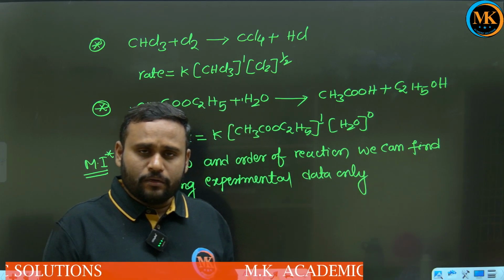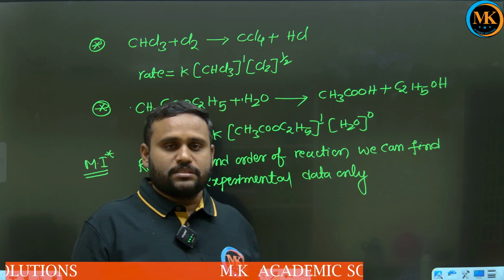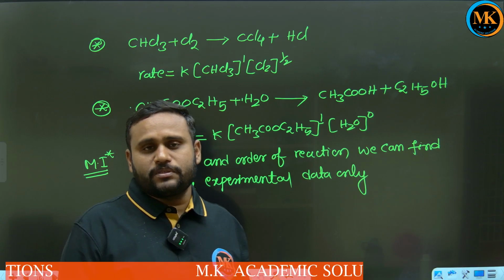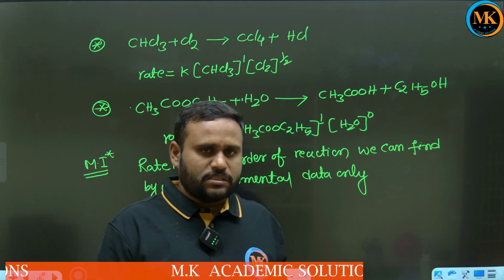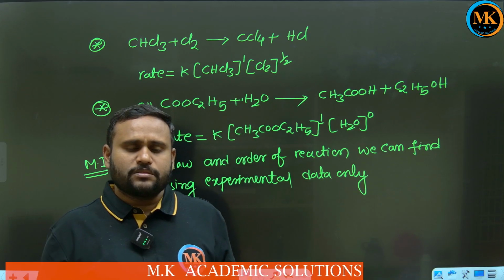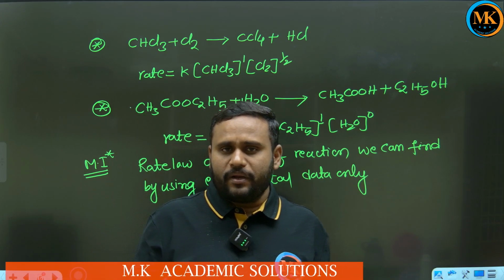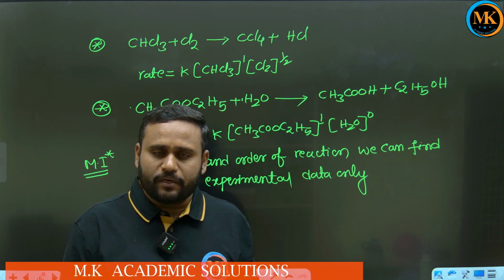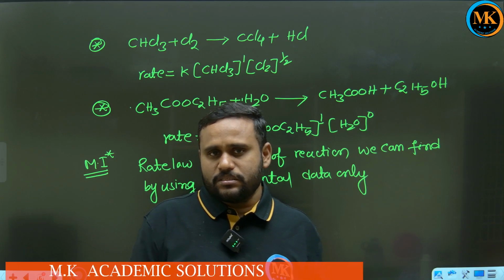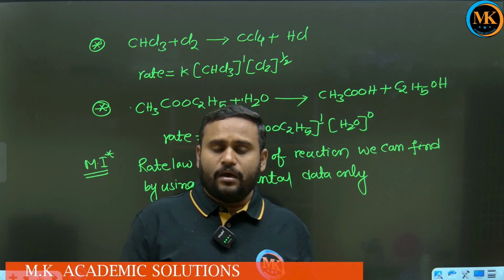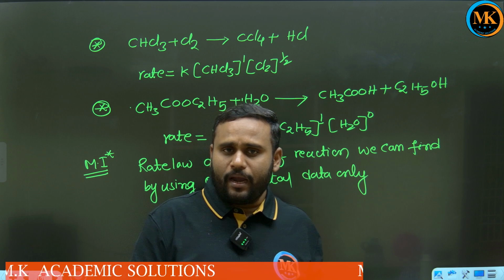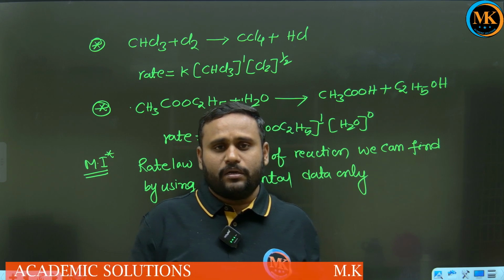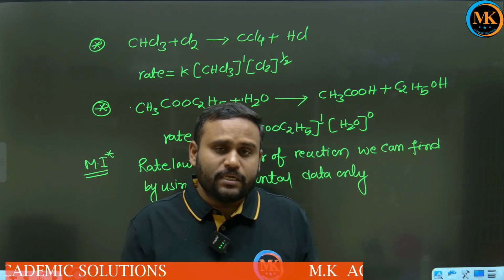But for single step reactions, means elementary reactions, the reactions which complete within only one step are called elementary reactions. For elementary reactions, we can write the rate law by using the balanced chemical reaction. But how can we say that it is a single step reaction?